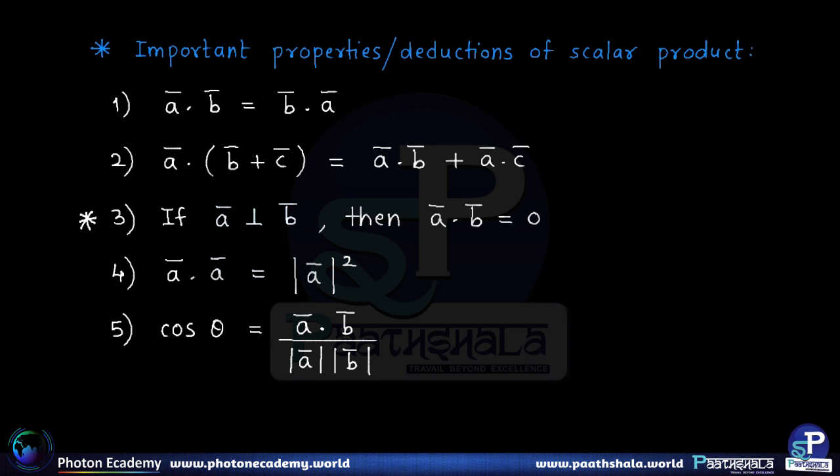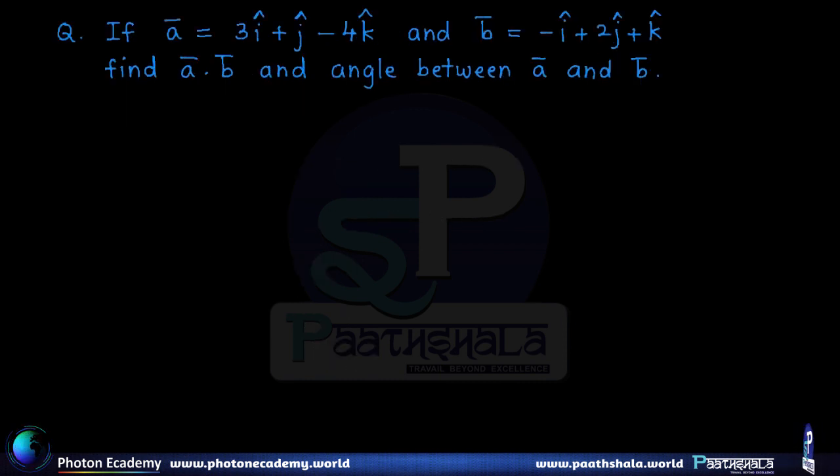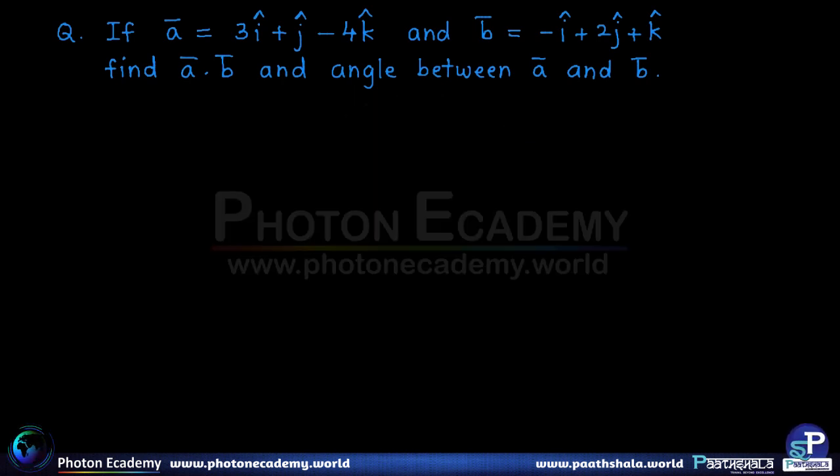Let us solve one example based on the scalar product. If a bar and b bar are given as shown here, then find a bar dot b bar and also the angle between a bar and b bar. So let us first find out their dot product. Here what we do is multiply the corresponding coefficients, which is 3 into -1.